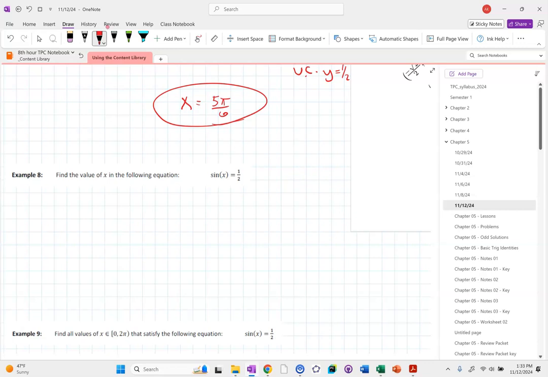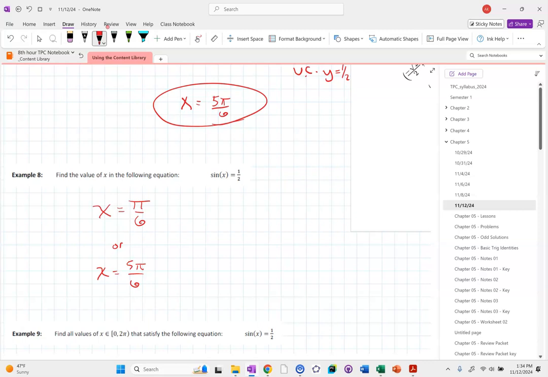So from our first example, we know that pi over 6 is a solution. And from our second example, we know that 5 pi over 6 is a solution. Are those two angles coterminal to one another? No.